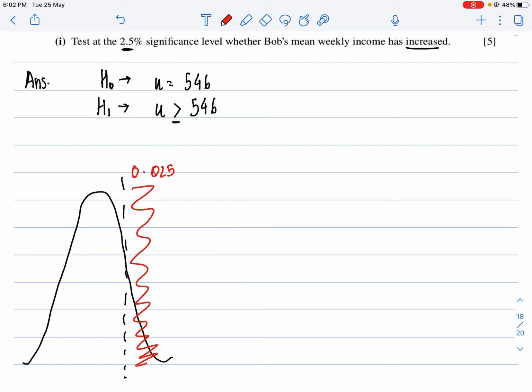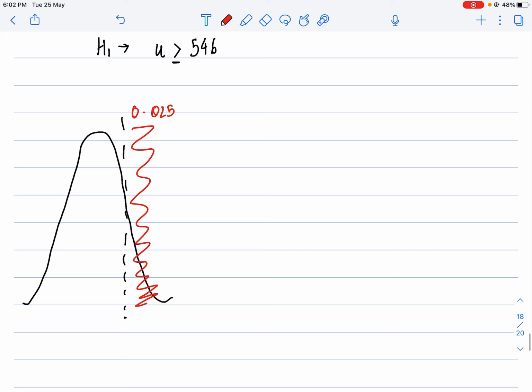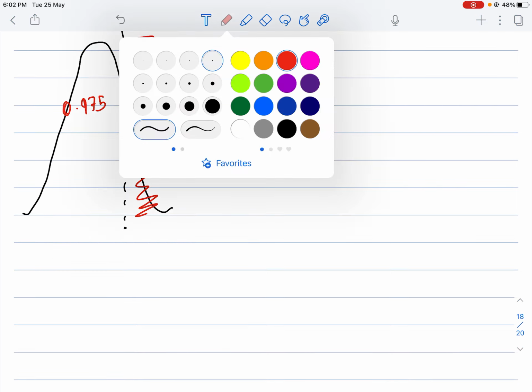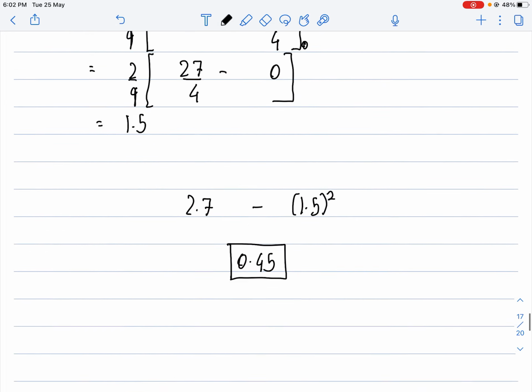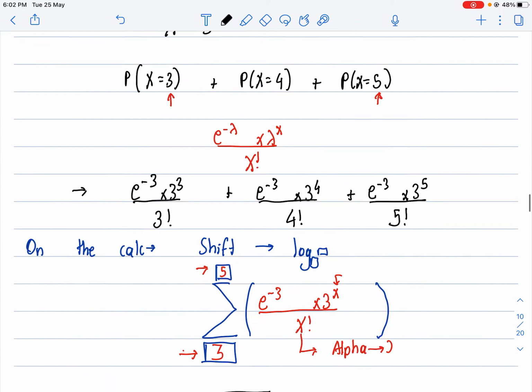0.025. Agreed? So if that is 0.025, I know the part here is 0.975. Correct? This is what I know. Now what I need is the Z value. So for the Z value, I go up to the table.